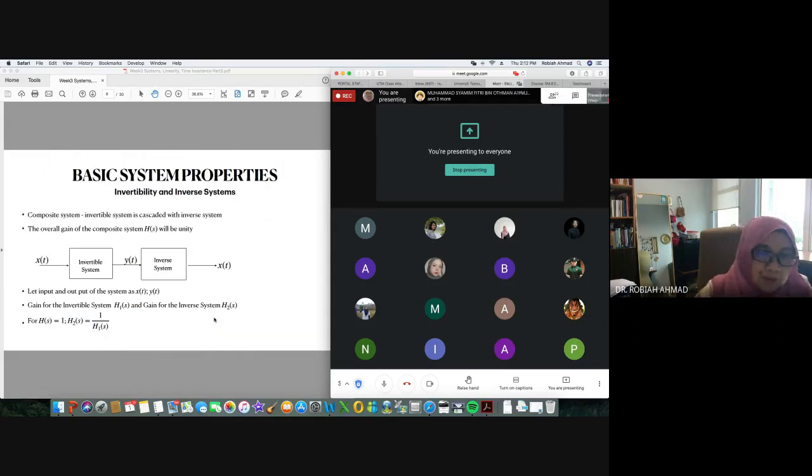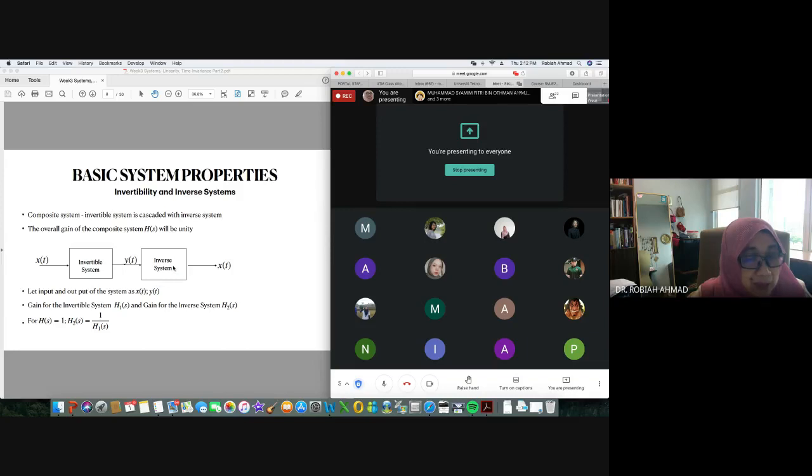Okay, invertible and inverse. What about an inverse system? A composite system consists of an invertible system cascaded with an inverse system. Okay, what does it mean by inverse? Let's say we look here, we have an invertible system, one-to-one mapping, x(t) pergi kepada y(t), and then we have an inverse system.